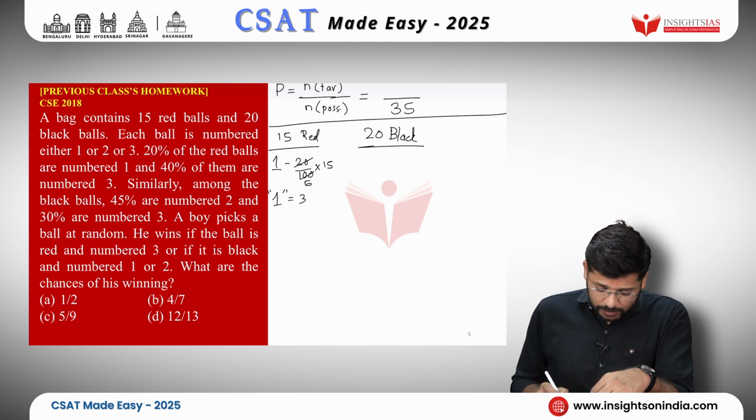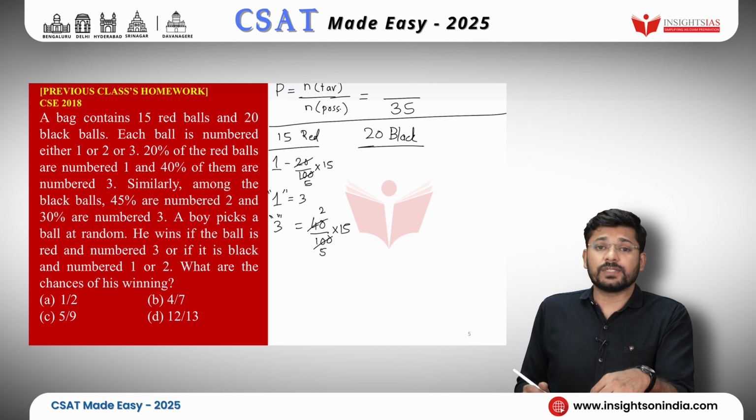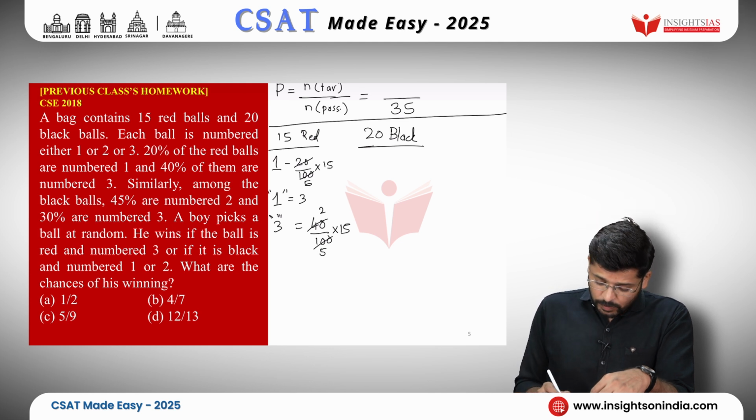Then how many have been numbered 3? That would be 40%, right? 40% of 15. That would be 2 by 5, because 20 into 2 is 40 and 20 into 5 is 100. So 5 divides 15, 5 3s are 15. So 2 into 3, that would be 6.